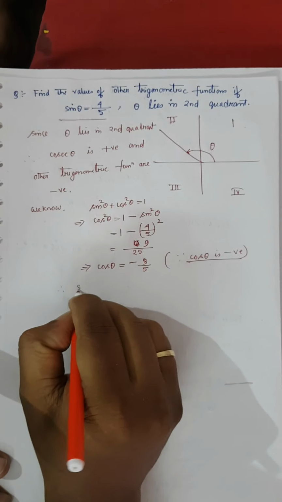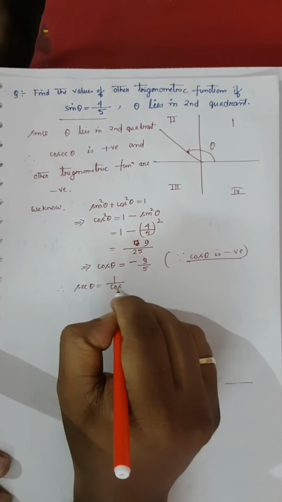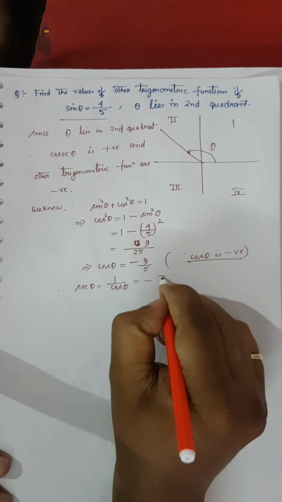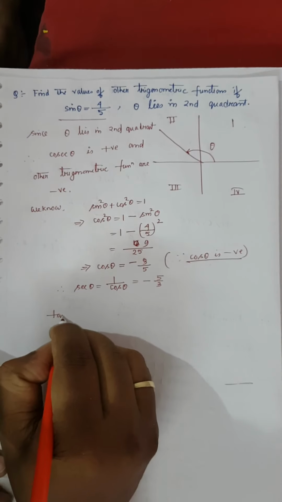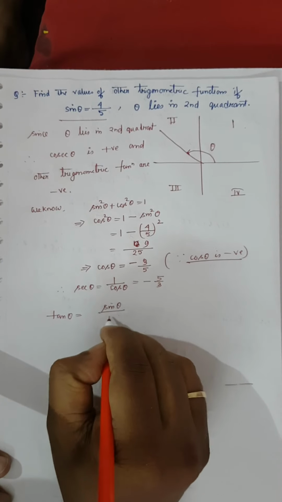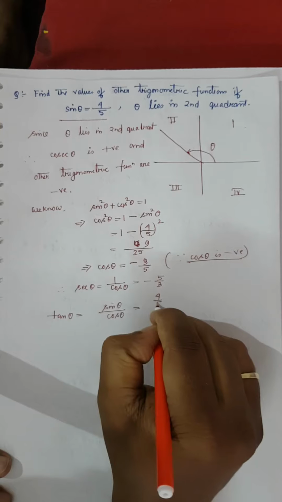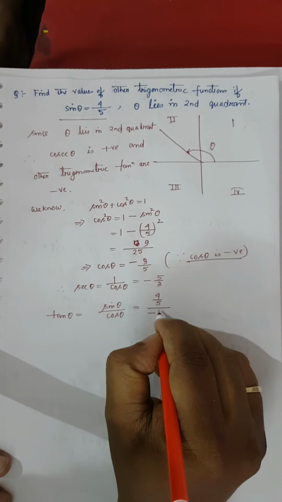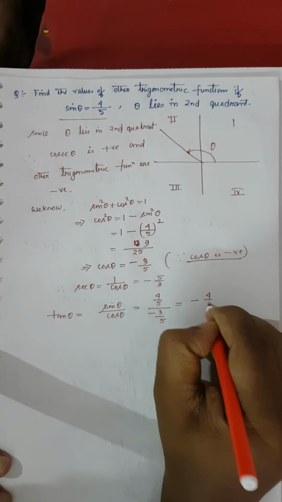So if you find cos, you can easily find sec. Sec is the reciprocal of cos, so it is minus 5 by 3. What about tan theta? Tan theta is equal to sin theta by cos theta. Sin theta is 4 by 5 and cos theta is minus 3 by 5. Your result will be minus 4 by 3.